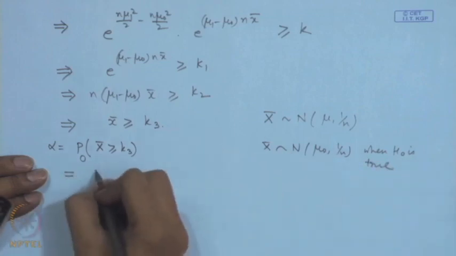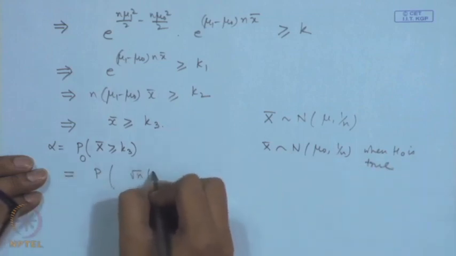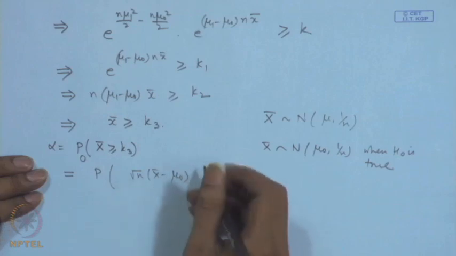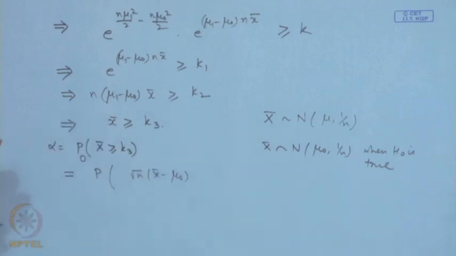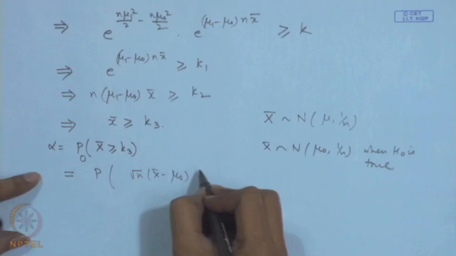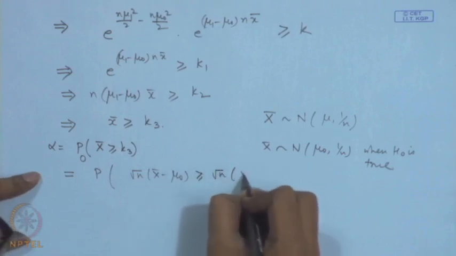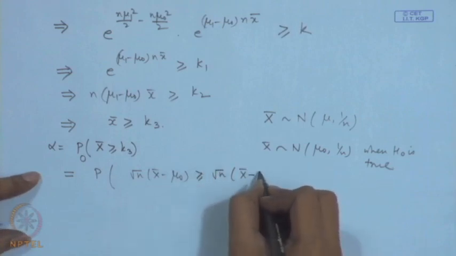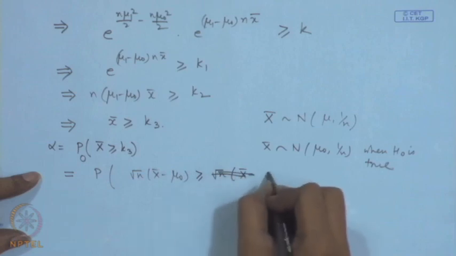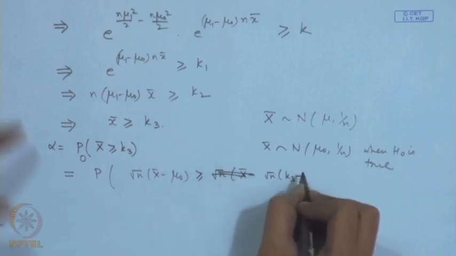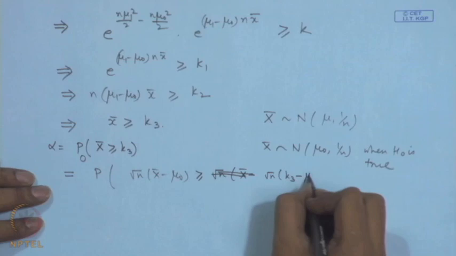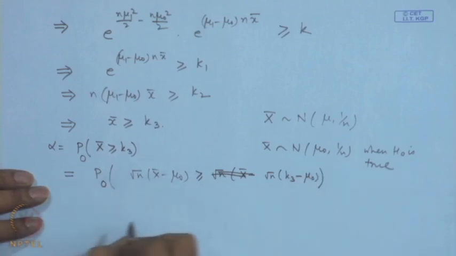So, this can be written as probability root n x bar minus mu naught greater than or equal to root n k 3 minus mu naught, when mu is equal to mu naught.